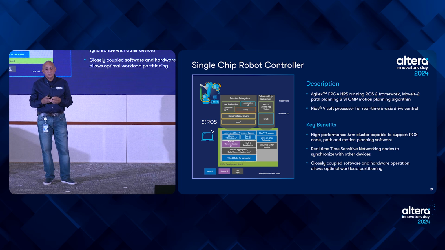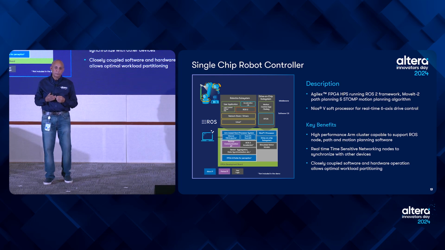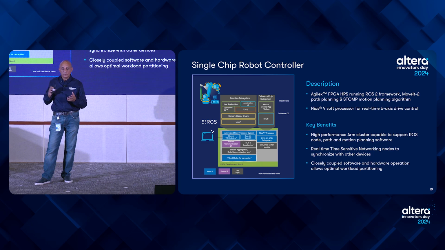The ROS control interface works with the Nios 5 controller, which is actually in the FPGA fabric. The Nios 5 is controlling the 6-axis drive, and it interfaces between the two. So you can send all your commands from the ROS2 framework to the Nios to control the axis.